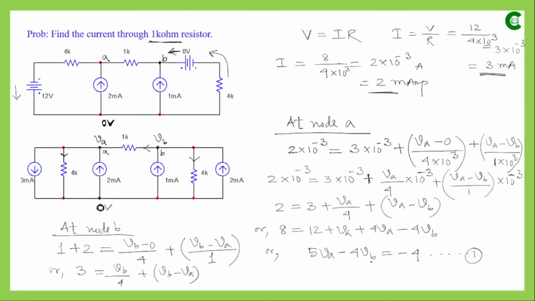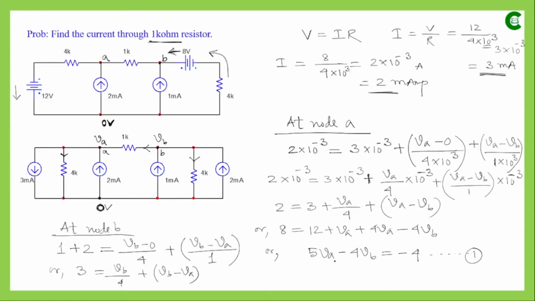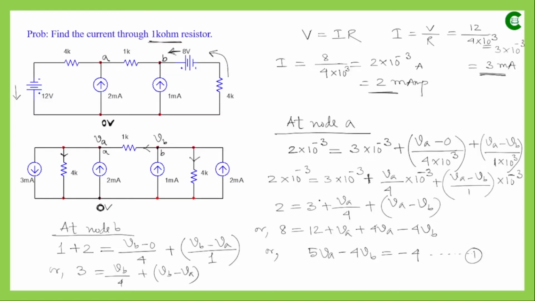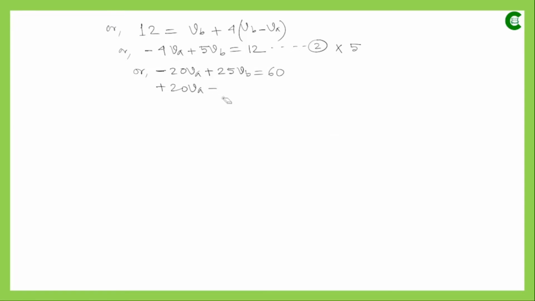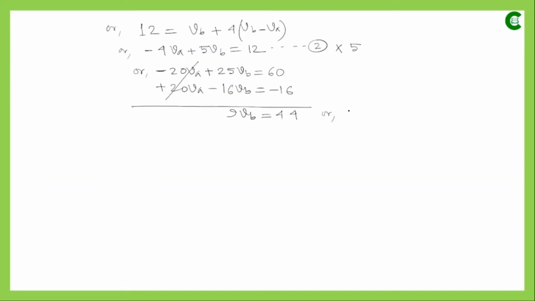And if we multiply the first equation by 4, since we have 5VA, then it will become plus 20VA, and we had minus 4VB, so it will be minus 16VB, and that was equal to minus 4. So VB will be 44 divided by 9, which will be equal to 4.89 volt.